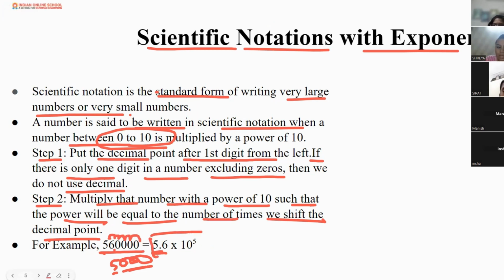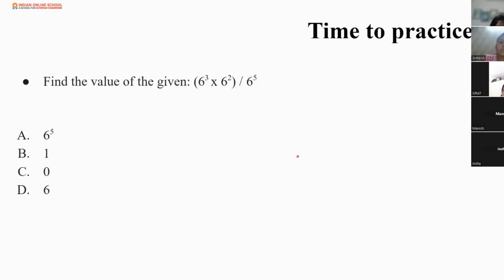So the scientific notation of the number becomes 5.6 multiplied by 10, the base is always 10, raised to how many times you have shifted? 5. Do you understand, all of you? Yes, ma'am.